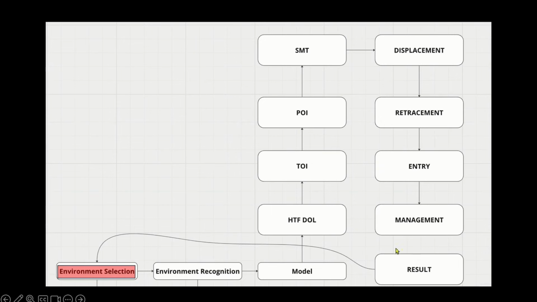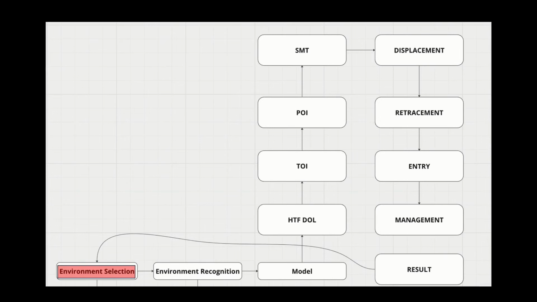When the result is present, we move on to the environment selection again, and then the whole cycle repeats itself. The whole sequence repeats itself. And that right there showcases to you that there's no end to this.